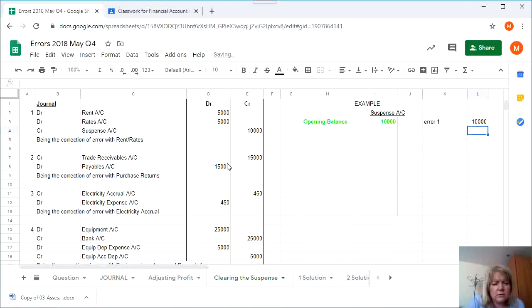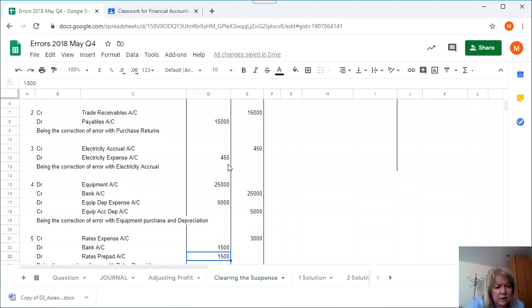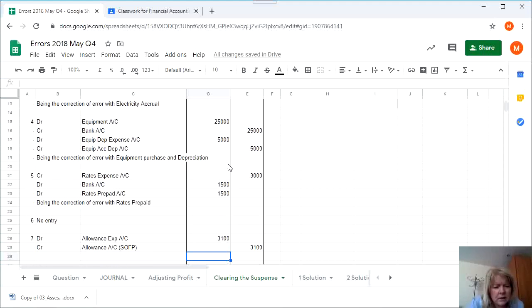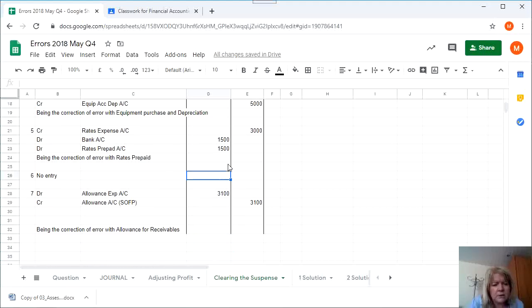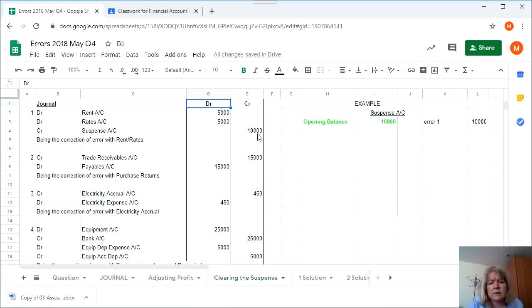And if I go down through the journal entries, there wasn't actually any other suspense there. No, there's no other mention of suspense, and I can see then that my suspense account is actually zero balance if I balance that out, and I can close off the account. So the suspense account in that instance then is cleared off the trial balance, or trial balance will be clear.